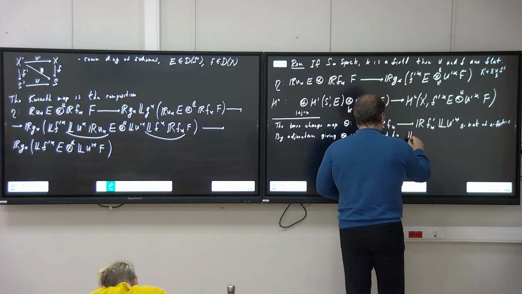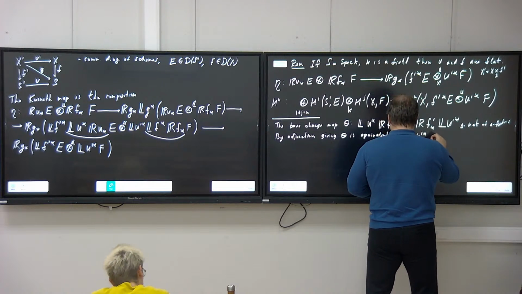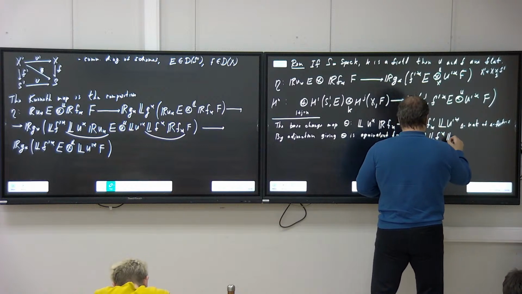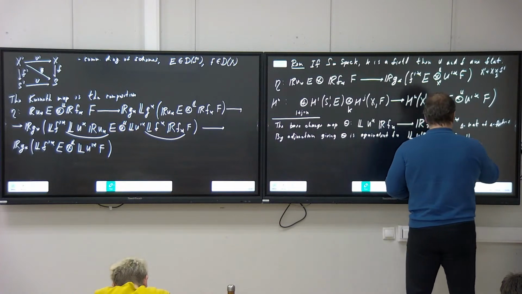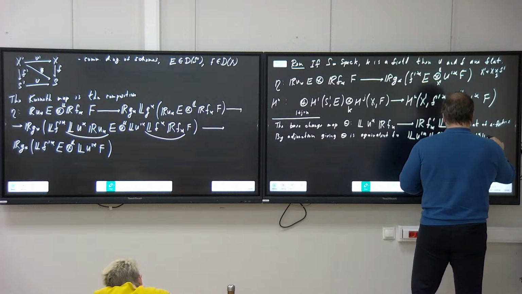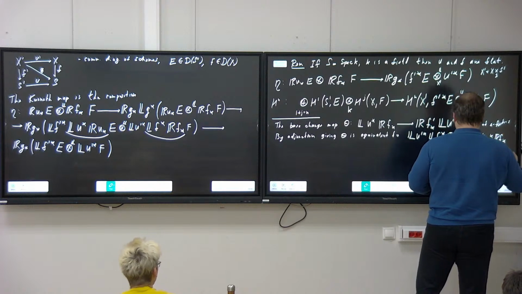So let me write the derived push forward for the L prime, derived push forward for the F, derived pullback for the F, which is equal to the derived pullback with the F prime, derived pullback with the U, derived push forward with the F.